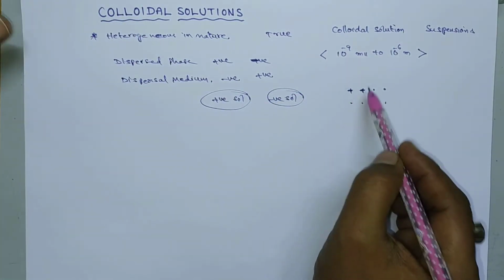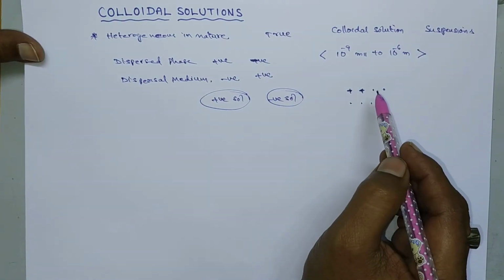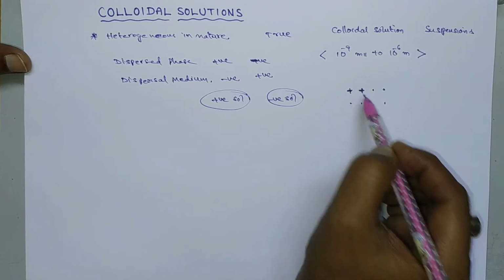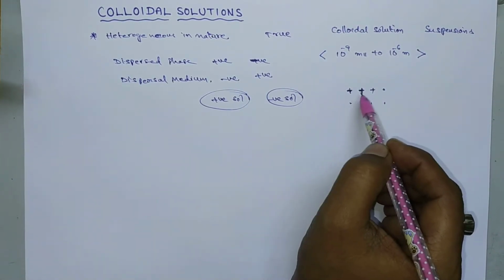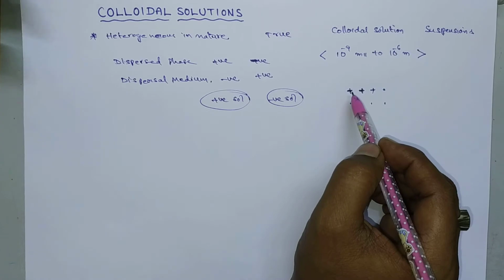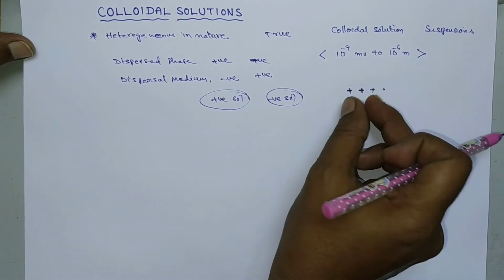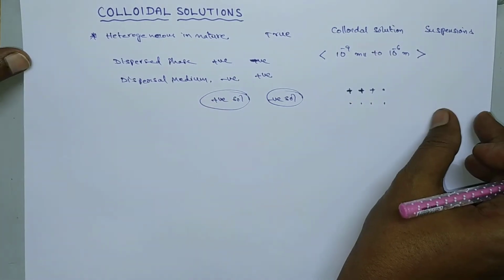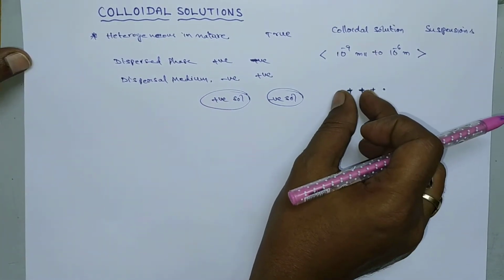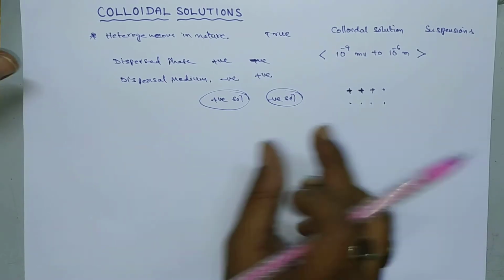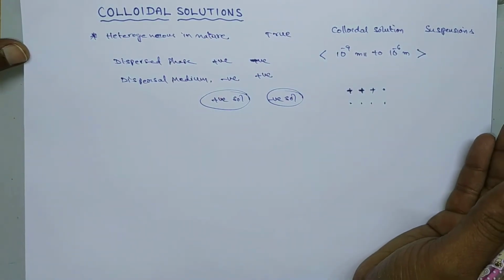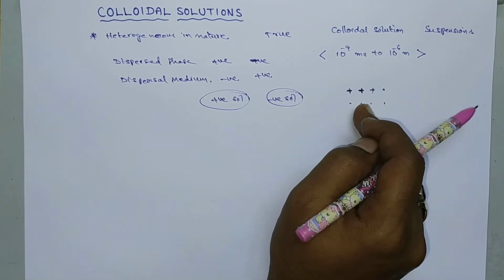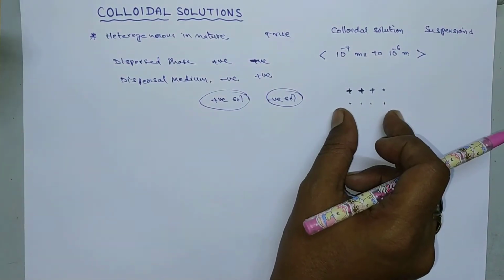That's why the colloidal solution is more stable. There is repulsion between the dispersed phase particles due to the same charge, so they will not associate to form a suspension. Whenever they associate with each other, the size of the particles increases and it forms a suspension. Due to these charges, they do not associate, and that's why colloidal solutions are mostly stable.